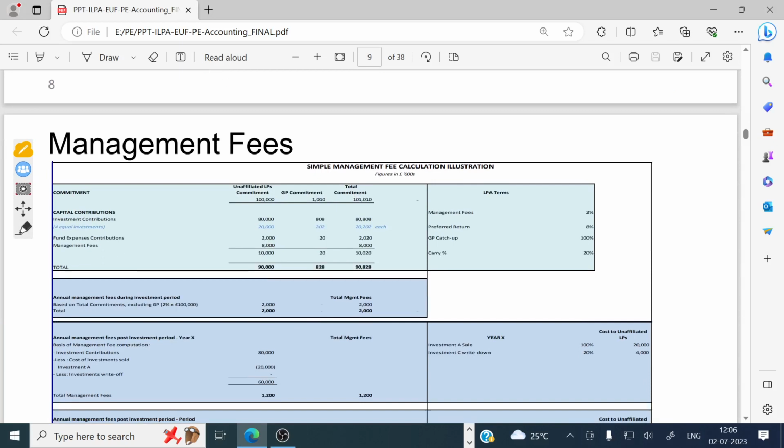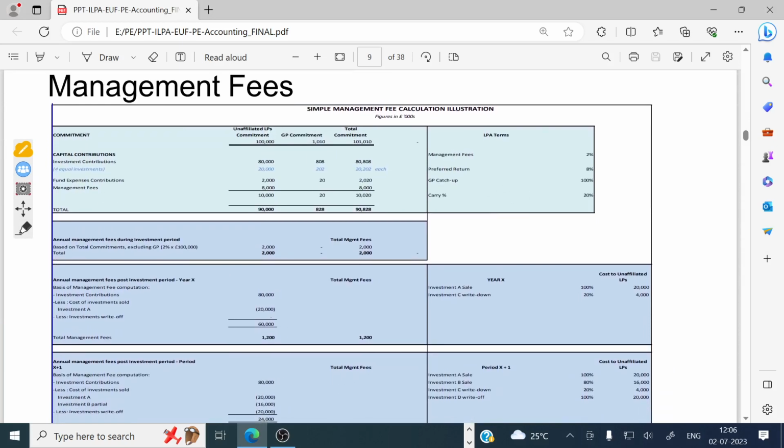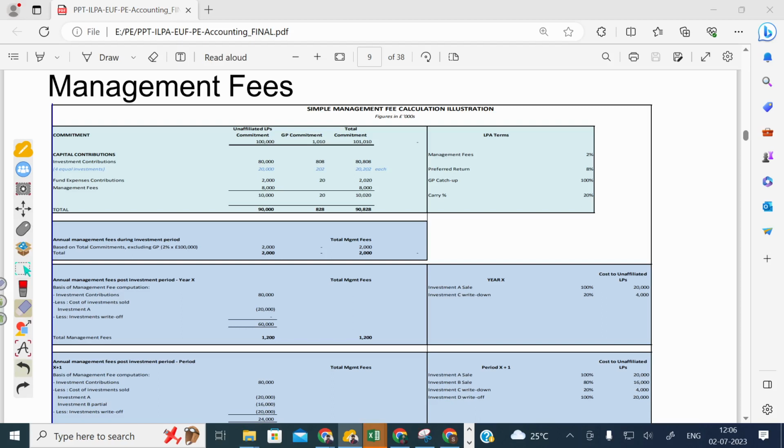What else? See how these terms look. So this is the investment document, meaning actual documents look like this. Terms look like this. Now above we have discussed everything, and here you see calculations in euros based on total commitment.